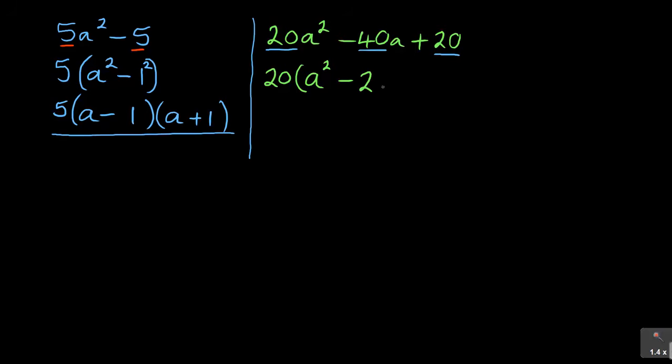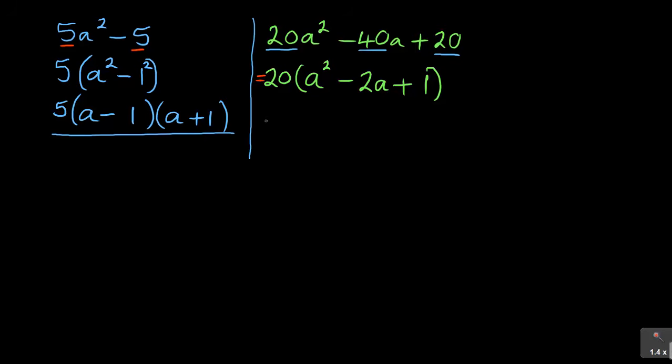So you have 2a plus 20 into 20 will give you a 1. Remember, you can always test your answer by opening this bracket: 20 times a squared is 20a squared. 20 times negative 2a is negative 40a. And 20 times 1 is 20. So this is the way you can check your answer.